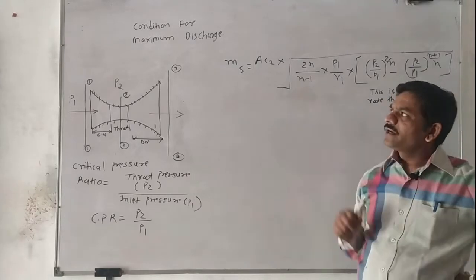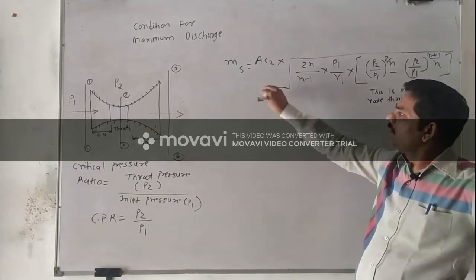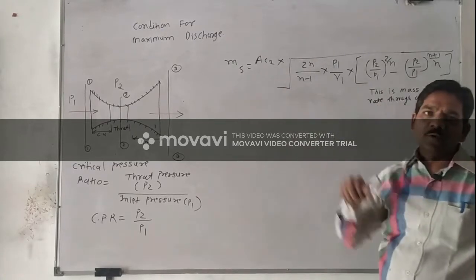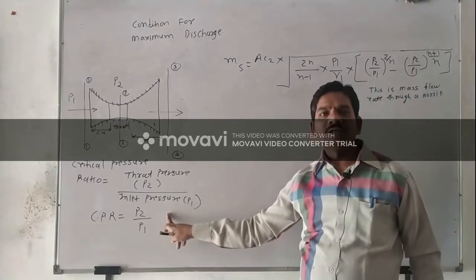To calculate the condition for maximum discharge, what do we do? We differentiate this mass flow rate equation with respect to the critical pressure ratio.